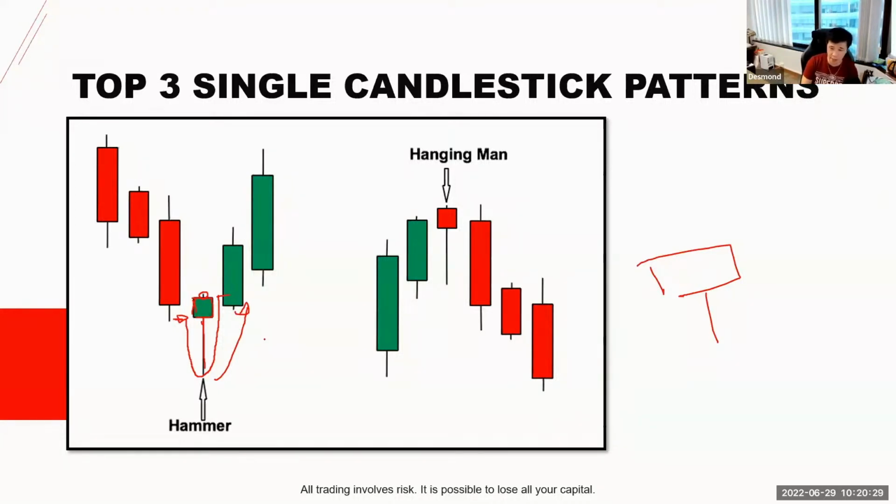That is why it's one of the strongest single candlestick patterns you can use. The important thing about a hammer is that it needs to look like a hammer. Hammers have a big head and a long handle. A hammer cannot look like this. This is a toy hammer, a thumbtack, something else. It is definitely not a hammer.